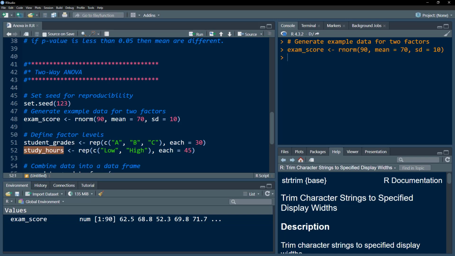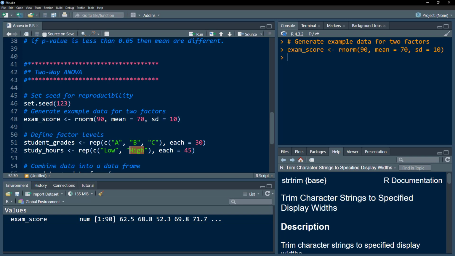So what we are saying is that students' grade does have an impact on exam score. The people with different grades would have different exam scores, and the student who had done a low number of hours of study or the student who had done more hours of study would have different exam scores.